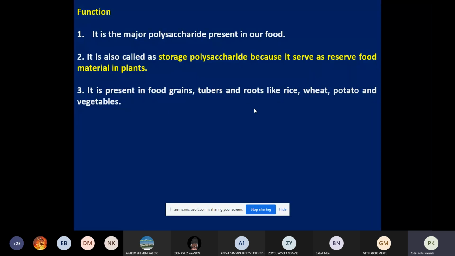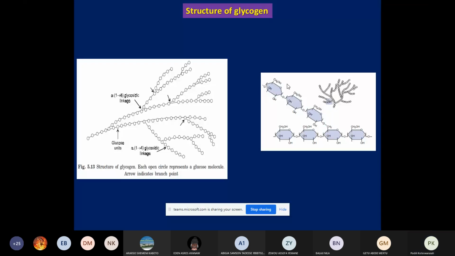And coming to glycogen. Glycogen is a storage polysaccharide in animals, as we have already said at the beginning, and it is also a branched polymer of glucose. You can see here that it is also a polymer of glucose with alpha 1,4 and also alpha 1,6 linkages.